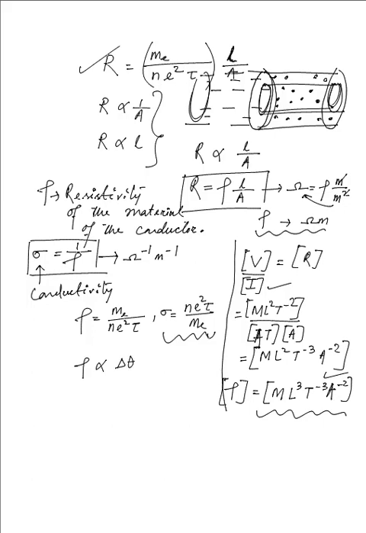Let this change in temperature be represented by delta theta over here, and it is also directly proportional to the initial resistivity. Now, any resistance that we are getting over here, we are getting a final resistance, let that be denoted by rho f. That depends on the initial value of resistance and also the change in temperature.